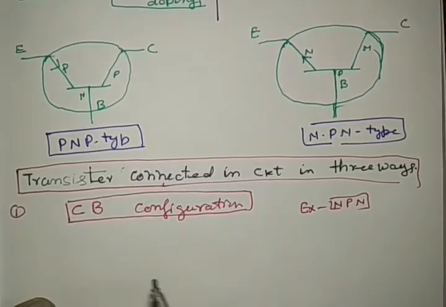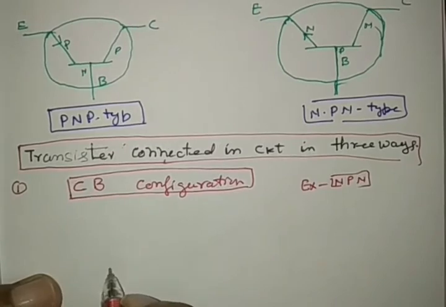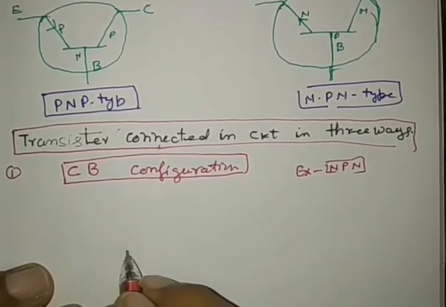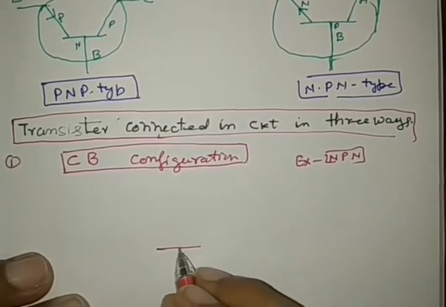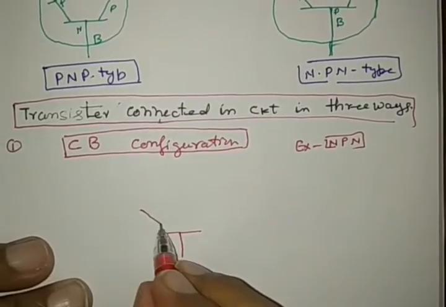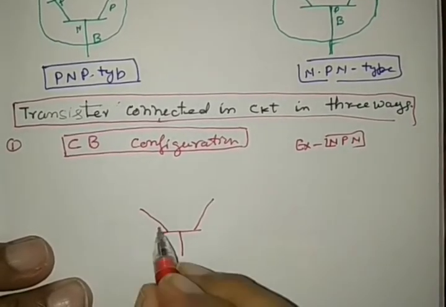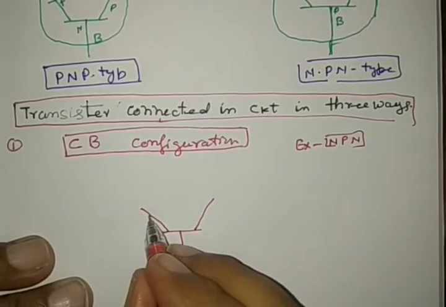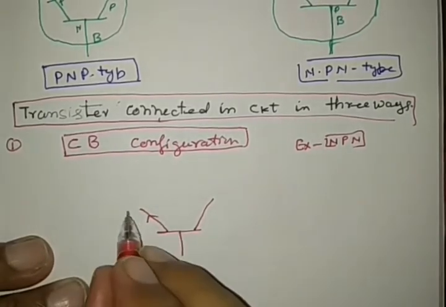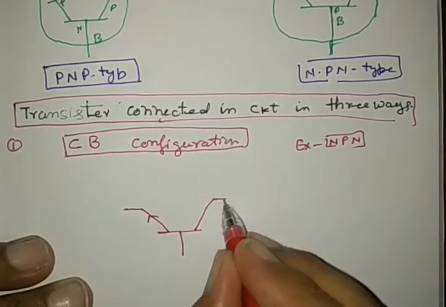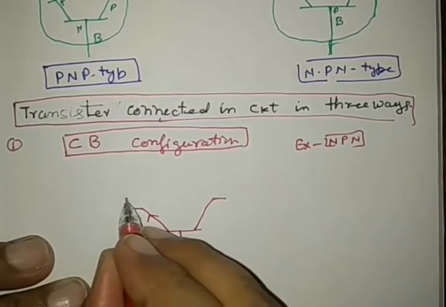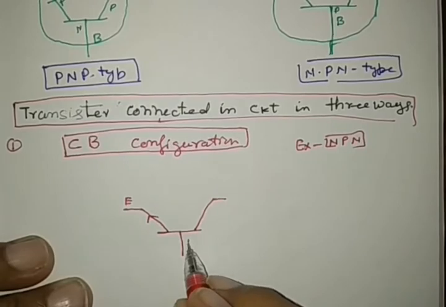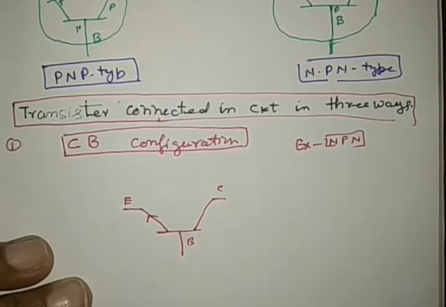In the common base transistor, see the symbol first of all. See very carefully. This is the NPN transistor, with the emitter, base terminal and collector terminal.